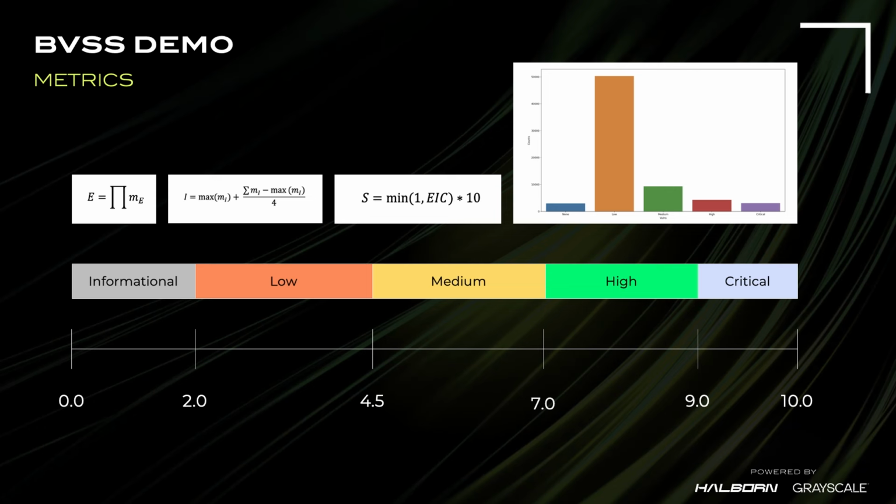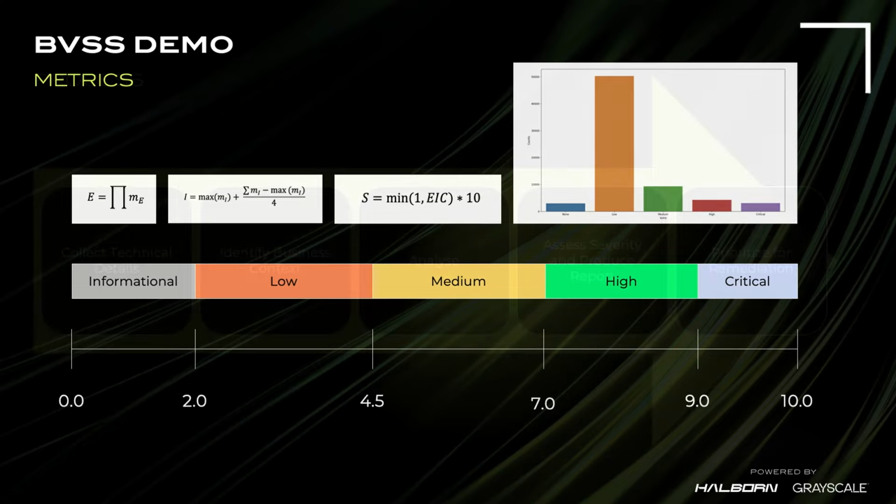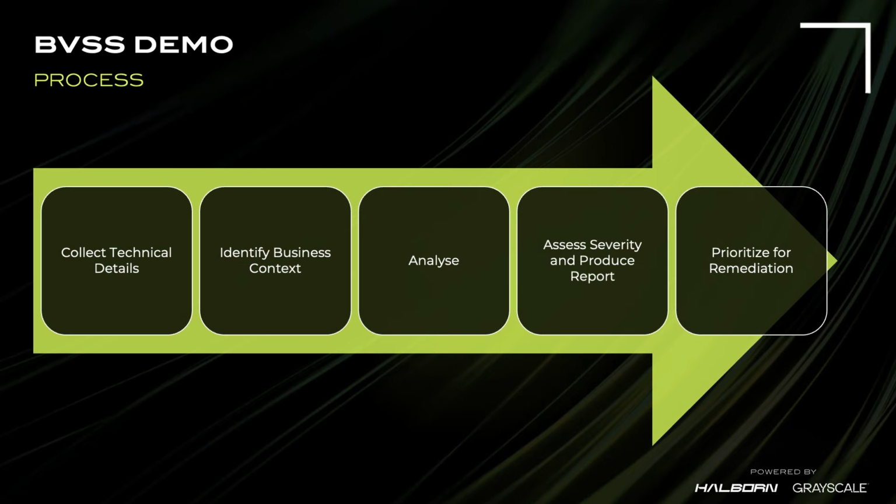So at Halborn, what do we do? When we find an issue, we need to follow a process to really identify the severity of this finding. We try to collect technical details. This can involve creating your proof of concept, creating your exploit, and trying to understand what the issue really is. We identify the business context. This is really important because some of the metrics, as you have seen, are really specific to some projects.